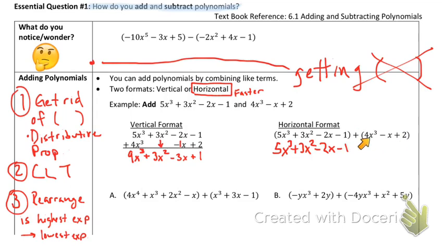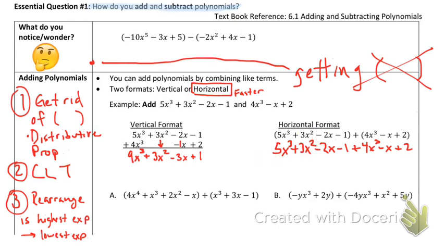So I'm going to rewrite these guys with their sign. So if you look here, this is a positive 4x minus x plus 2. Okay, so now this is the horizontal format. Step 1 is done. We got rid of the parentheses by checking for distributive property, which we had none. And now we're going to just combine like terms.